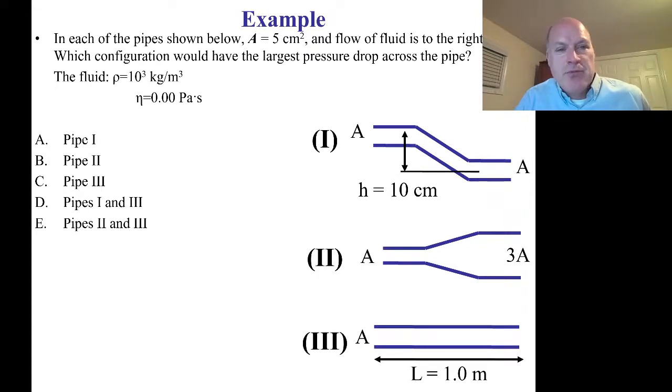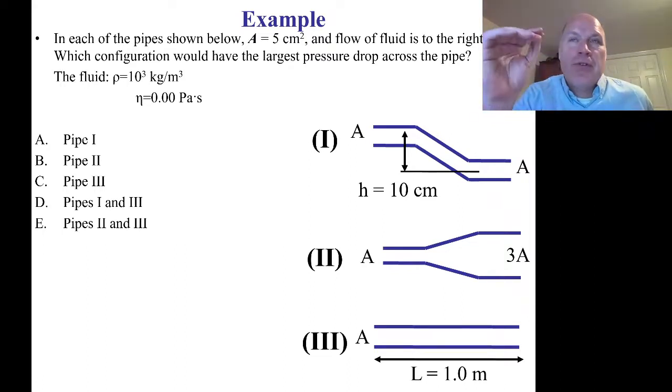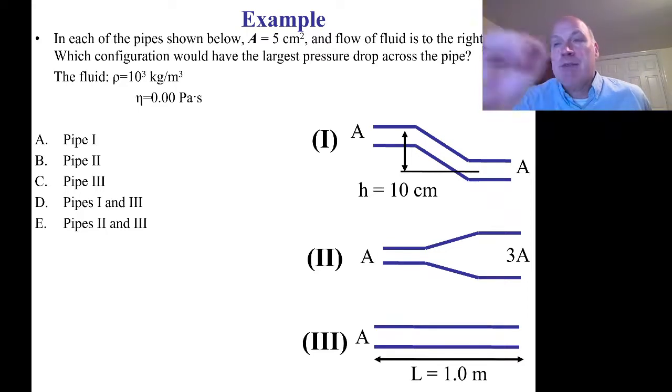In each of the pipes shown below, well, first of all, we look at the picture and we see tubes going up and down. That means that it's going to be Bernoulli's equation, because Poiseuille's law is just for horizontal tubes. Like, you're going to squirt some milkshake out of a straw.